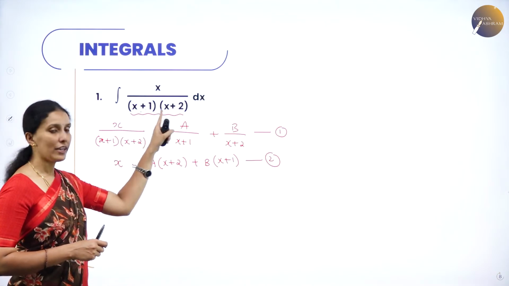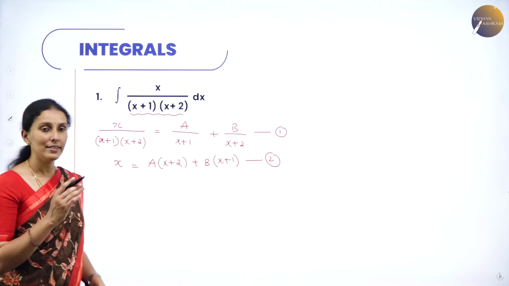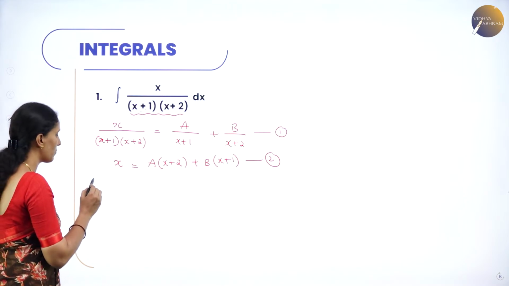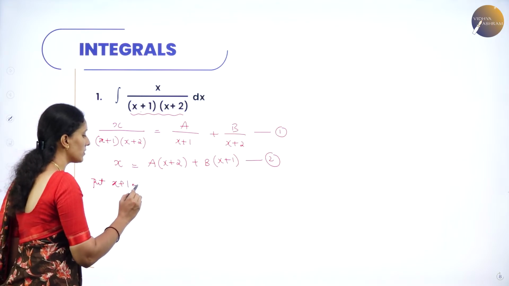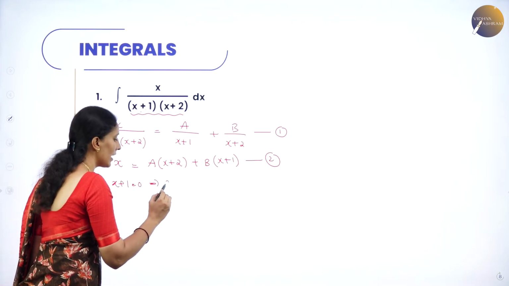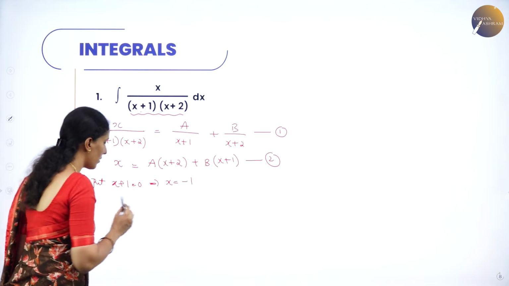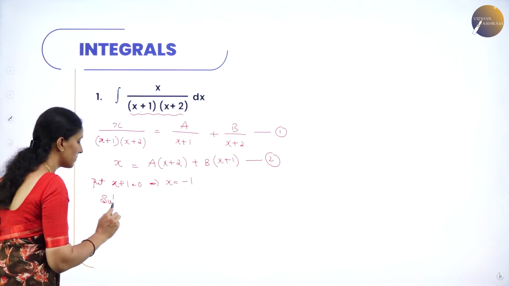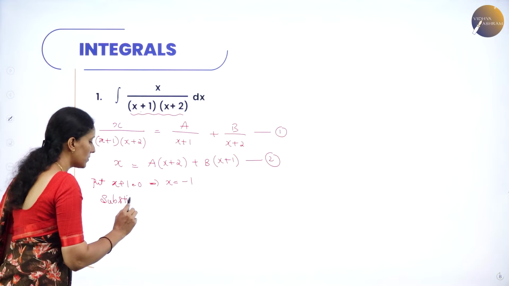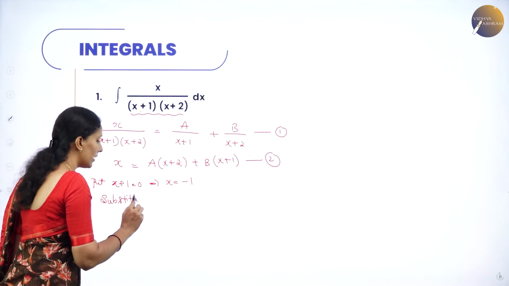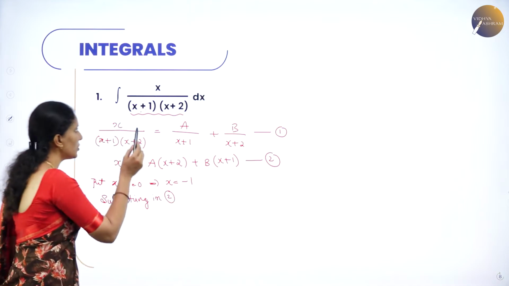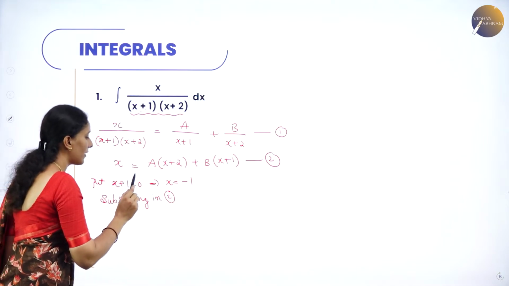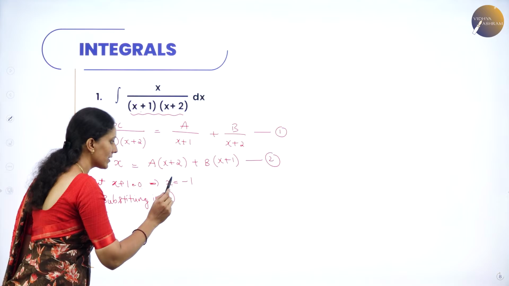What is the next thing? You have two linear factors. Put them as 0. First, you have x plus 1. Put x plus 1 equal to 0. What does it give? x is equal to minus 1. Once you equate any one of the linear factors to 0, you will get the value of x.